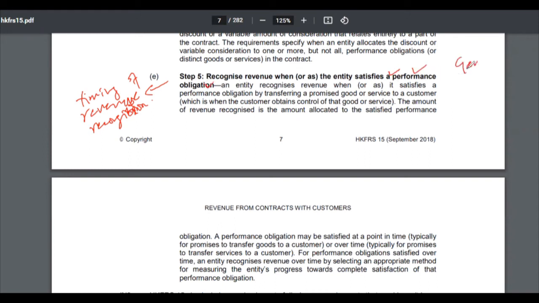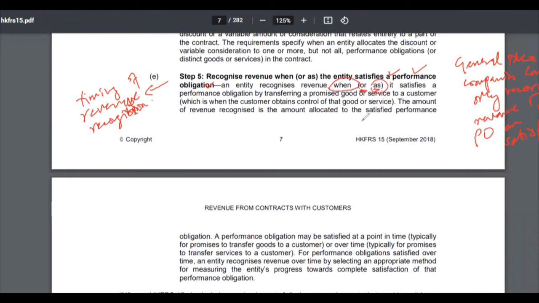The general criterion is that companies can only record revenue if performance obligations are satisfied. So an entity recognizes revenue when or as it satisfies the performance obligation, right? So either when or as.